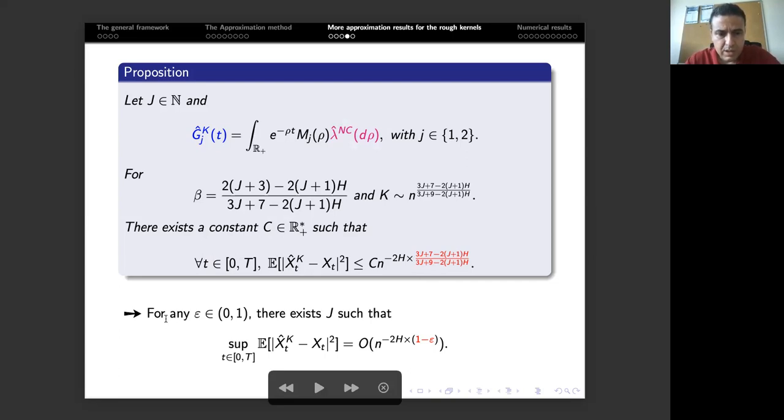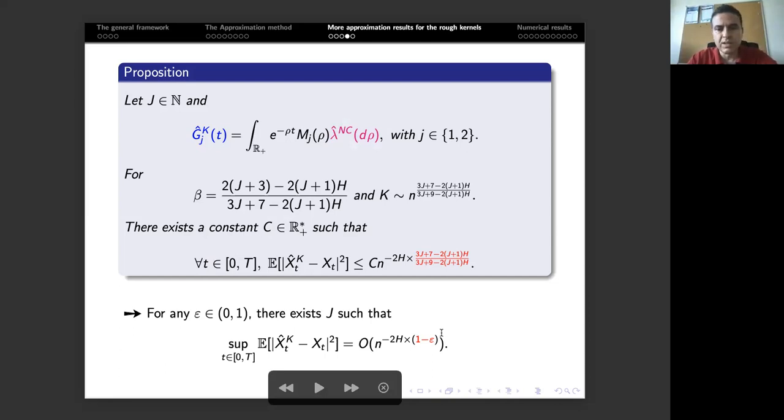So for any given epsilon between 0 and 1, I am able to find a G for my Newton-Cotes method such that the strong error here behaves like n to the power minus H, which turns out to be the optimal rate that one can hope to get using this approximation in this case.